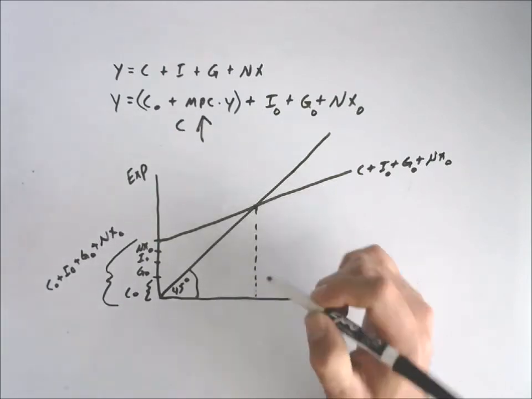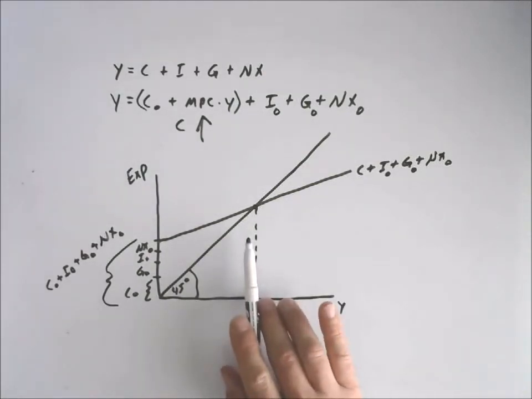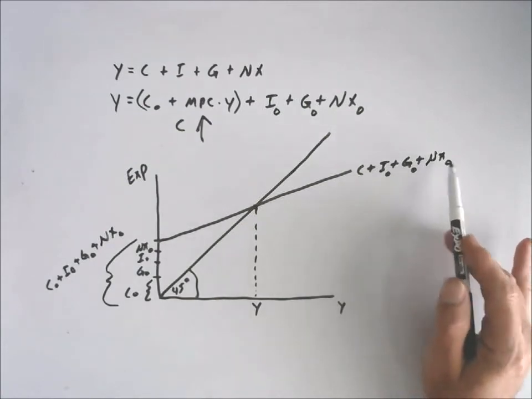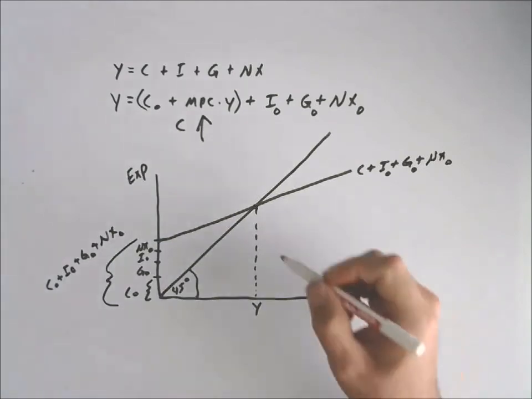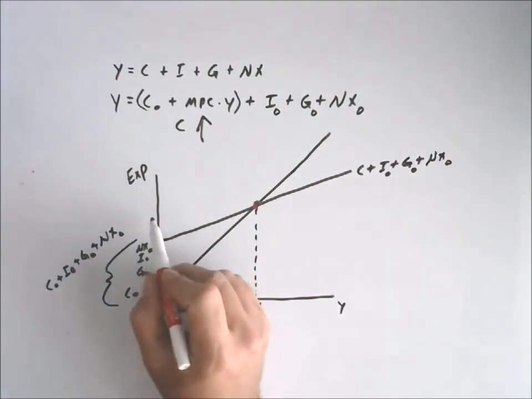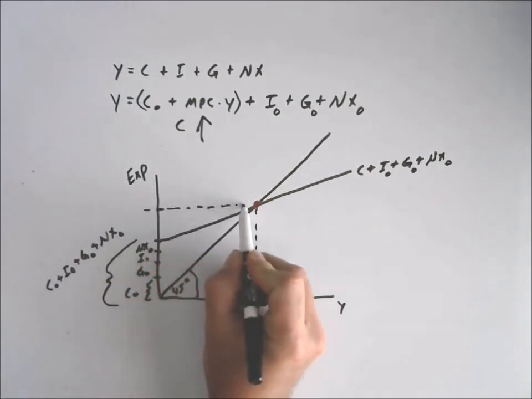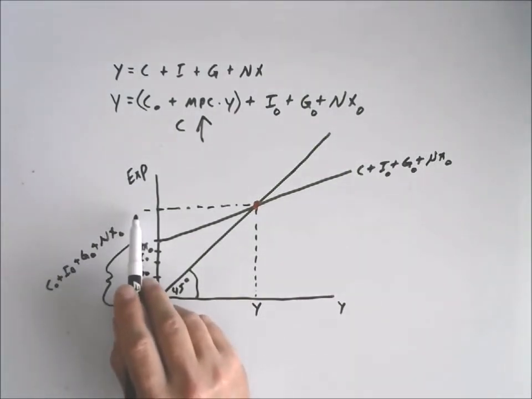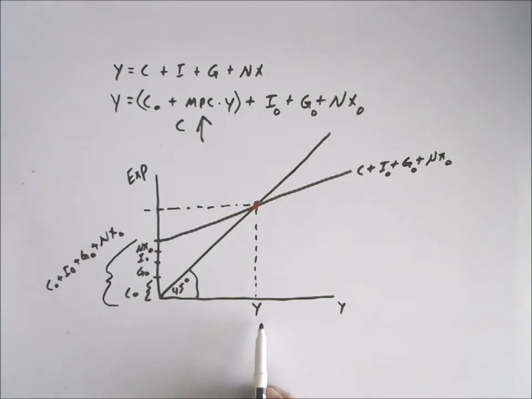It determines our equilibrium level of real GDP, dependent upon the amount of consumption, investment, government spending, and net exports. We have to understand why this model has an equilibrium at this level of planned expenditures and this level of real GDP. In other words, this level of planned expenditures by households, firms, and government yields this much in real GDP.